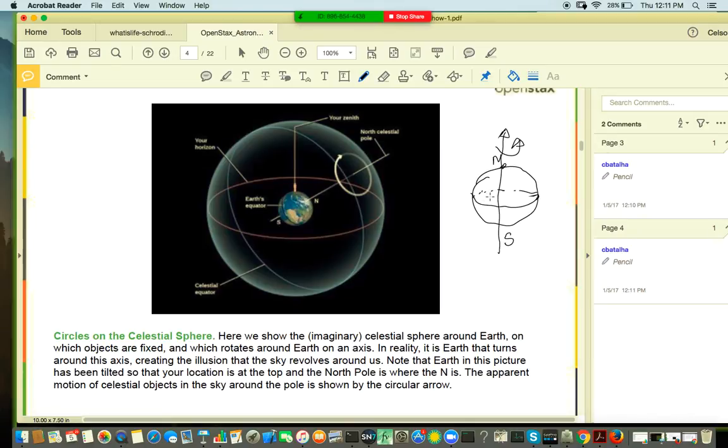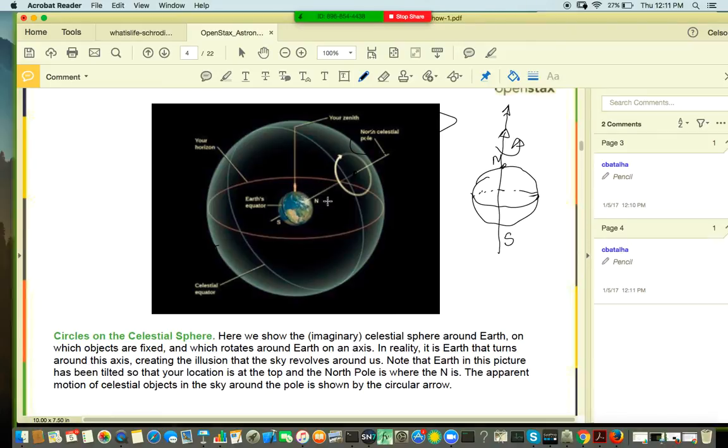Now, let's go back to the concept of celestial sphere. If you take this axis of rotation, which is hypothetical, and extend it out to infinity in such a way that it crosses this hypothetical celestial sphere, it would define the so-called north celestial pole and the south celestial pole.